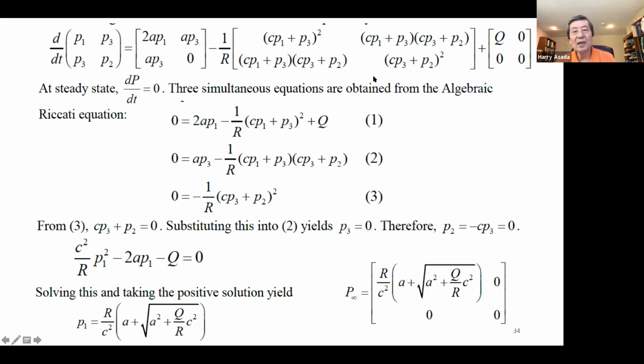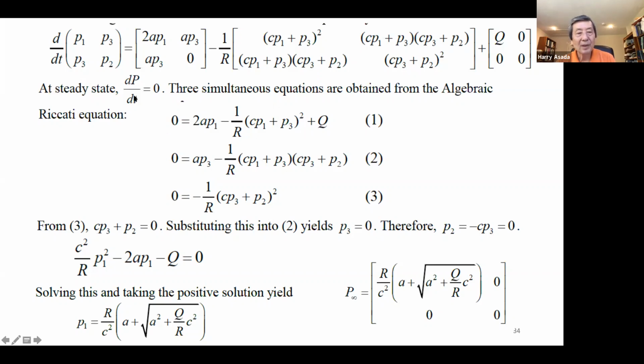Now, in the case of algebraic Riccati equations, we set the left-hand side to 0. So, from left top, 0 equals this plus that, and that results in equation 1.